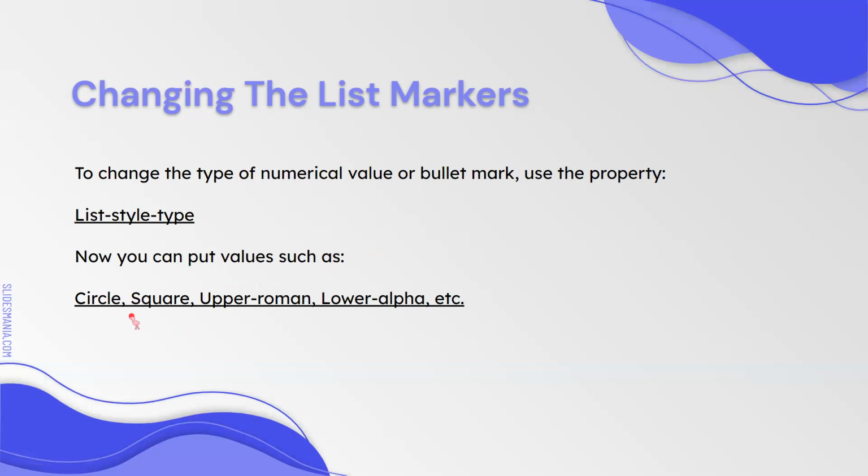For an unordered list, the default list marker is a filled-in circle. So when we say circle, it means a regular outline of a circle. Square would be a filled-in square. Upper-roman would be the uppercase Roman alphabet, and lower-alpha would be the lowercase alphabet. And there are tons of other values too, but these are just some examples.